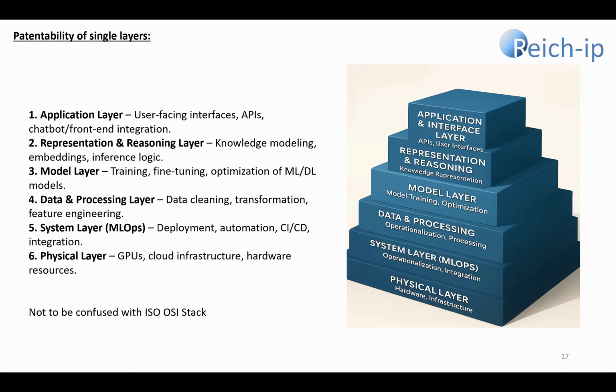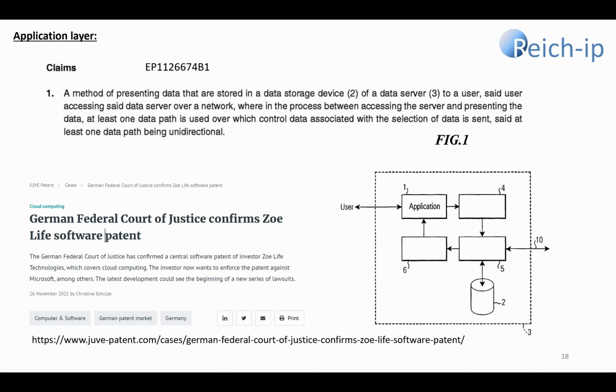So, from my point of view, it is possible to obtain a grant on every single layer of this stack, and I tried to find some case law on some of those levels, which I'm going to introduce now.